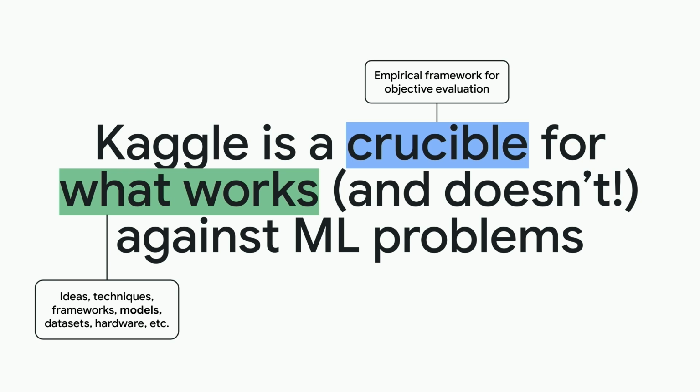And crucible really means that we have an empirical framework for objective evaluation. We also have a community that provides the kind of social signals that tell you something is good or bad. And what works can include ideas, techniques, frameworks, and in the case that we're interested in today, models. Just like all these other resources, we can see which models work well and which models don't work well for various machine learning tasks through Kaggle's crucible, so to speak.